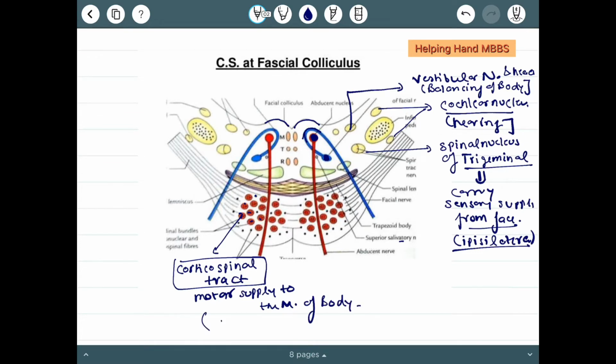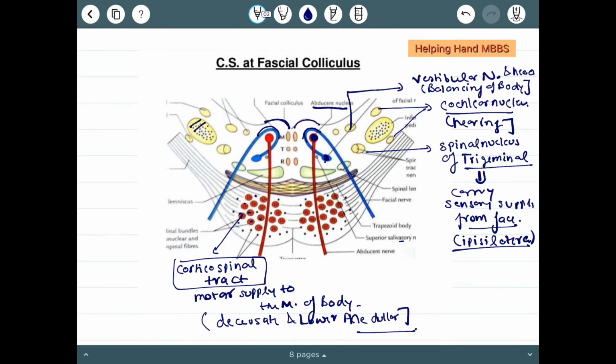These will decussate at the lower medulla, as we have shown in the video we uploaded; they cross over at the medulla. So these are our corticospinal tract, and this is our facial nucleus, the blue one, and the red one is our abducent nucleus. This is our facial colliculus, formed by the motor fibers of the facial nerve.